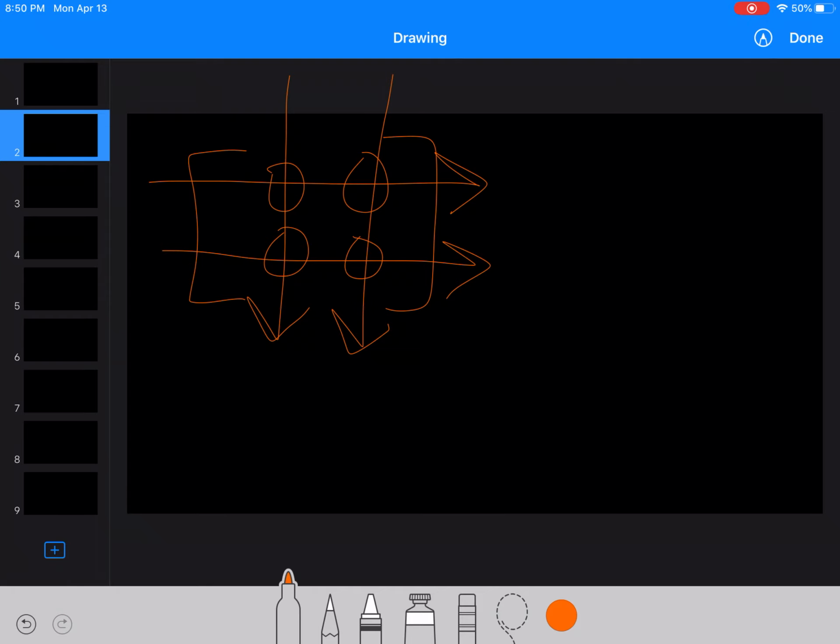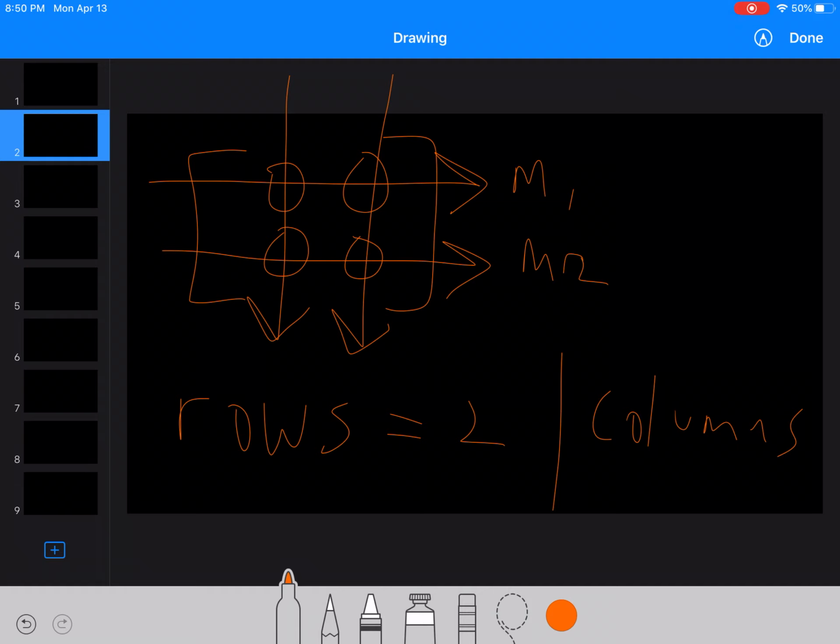So what we're going to have is, here's M1, M2, so my total rows equals 2. My columns equals 2. So my n equals 2 as well. So this matrix is a 2 by 2 matrix.